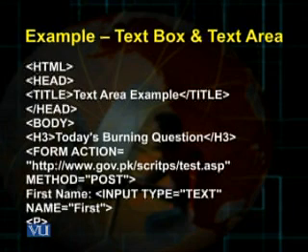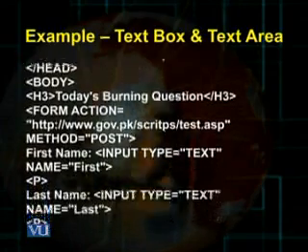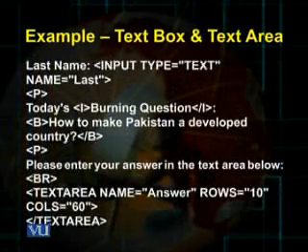Then to create the first text box, I write input type text name first, then paragraph tag providing line break, line space, then last name, colon, which creates the second text box where the last name of the user has to appear. Then again a paragraph tag providing a line break, line space, and then I write today's, because of the italic tag, the burning question, these words would be presented in italic. And then because of the bold tag, how to make Pakistan a developed country, that would appear in bold.